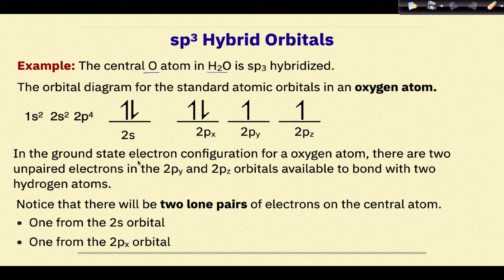In the ground state electron configuration for an oxygen atom, there are 2 unpaired electrons in the 2py and 2pz orbitals available to bond with 2 hydrogen atoms. Notice that there will be 2 lone pairs of electrons on the central atom, 1 from the 2s orbital and 1 from the 2px orbital.